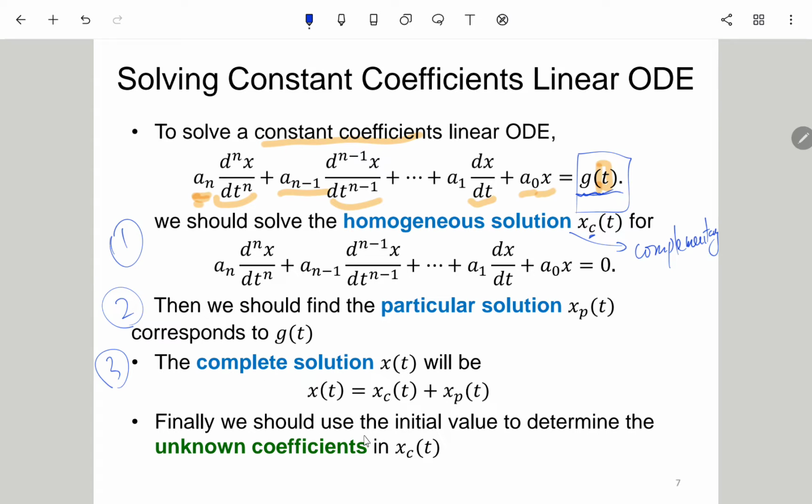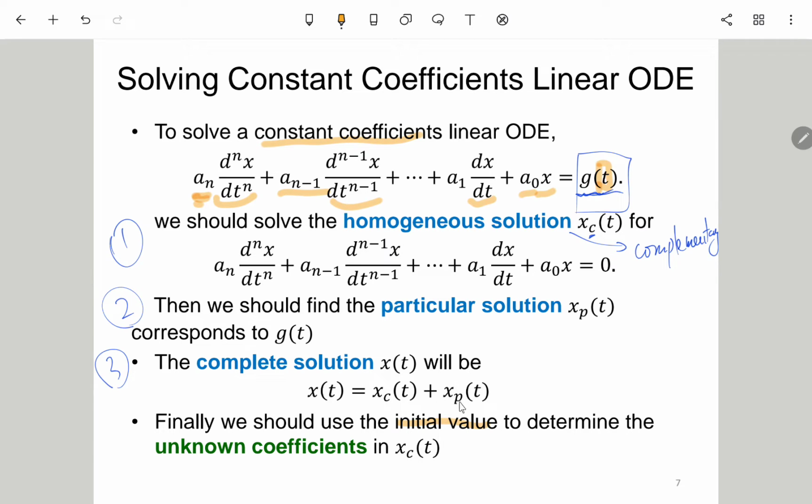Finally, we should use an initial value. This may be a tail, so sometimes we don't need to do it, sometimes we can. If we have an initial value to determine the unknown coefficient, we can actually determine it, because the complete solution consists of this part and this part.